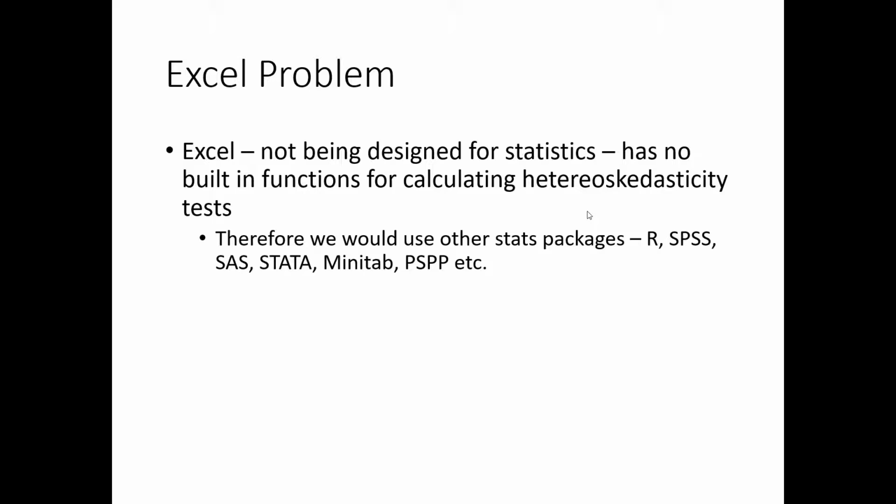So Excel has some simple stats functionality, but not involved stats functionality. For instance, we couldn't find VIF in the multicollinearity case easily without writing a lot of our own macros in Excel. The same story for heteroscedasticity. We don't really have good testing for that, so we depend on other statistical packages to deliver that for us.